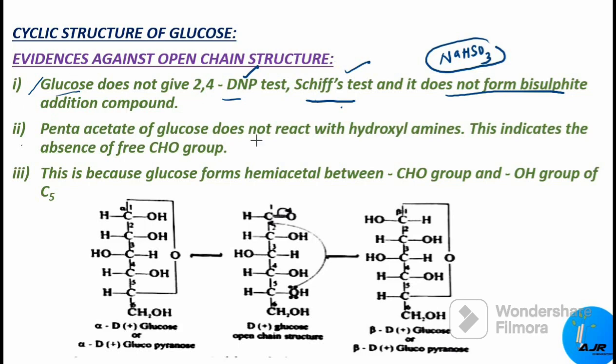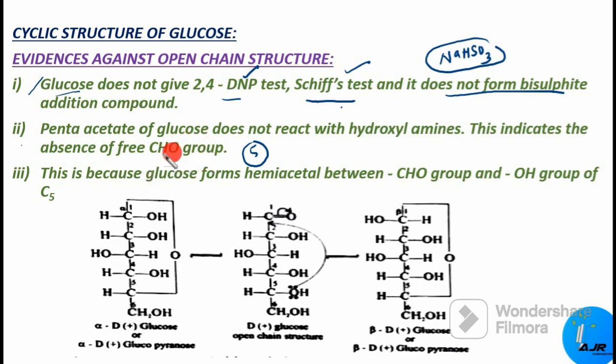That shows the presence of 5 OH groups. But after the formation of the pentaacetate, this glucose does not react with hydroxylamine. This is a good proof that indicates the absence of the CHO group.